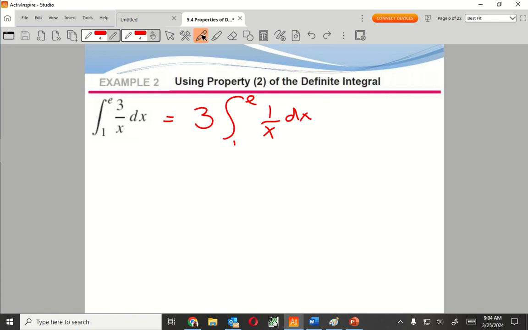So that's going to be ln, right? So it's now going to be ln of absolute value of x. So let's do my integration. 3 times the integration of ln absolute value x from 1 to e.